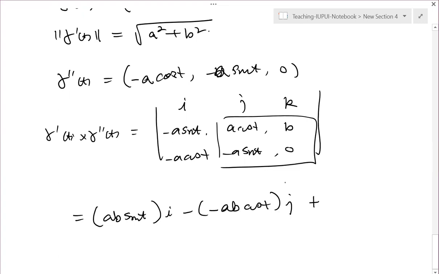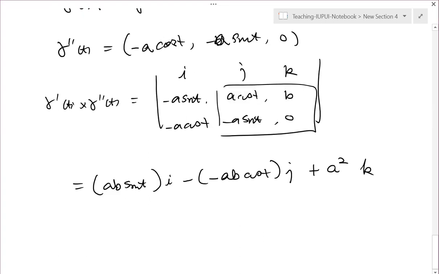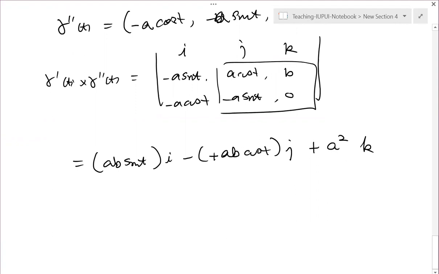And then a squared, that's just a squared.